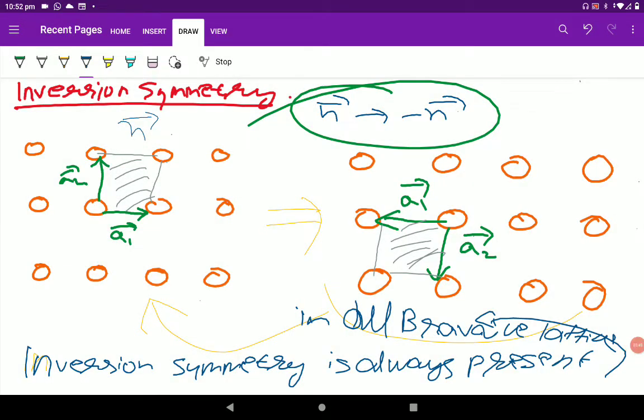Now let's talk about the rotational symmetry.